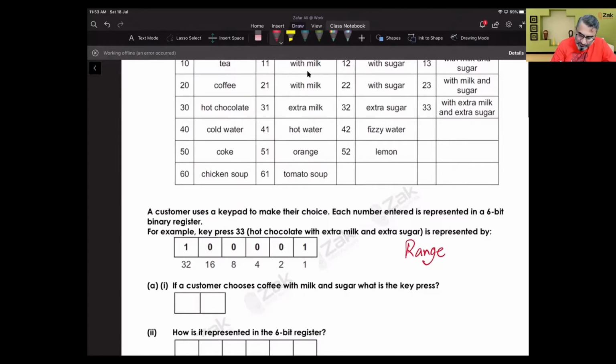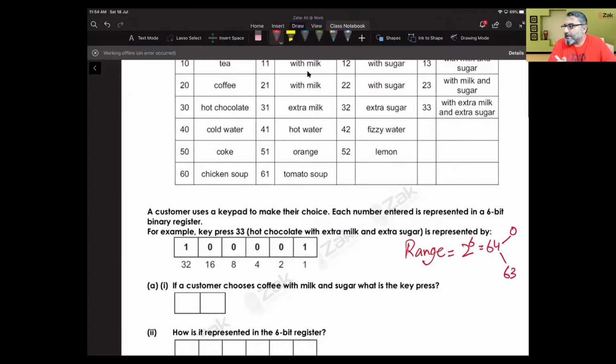So range here is 2 to the power 6, that would be 64. The smallest number that you can have is 0 and the largest number is 63.